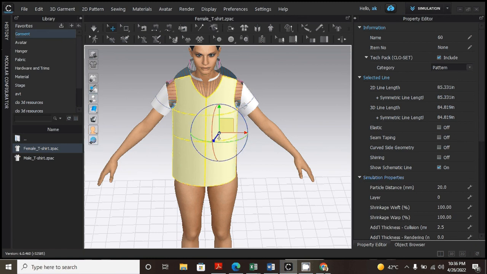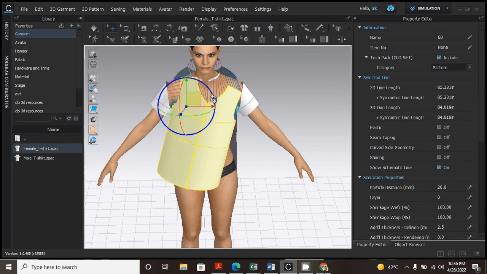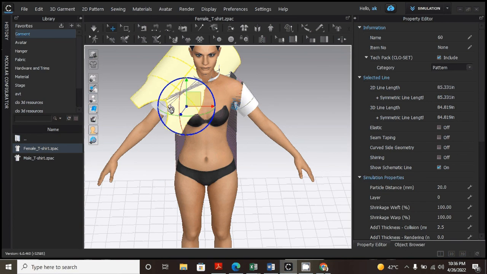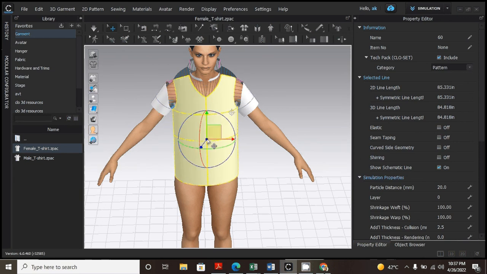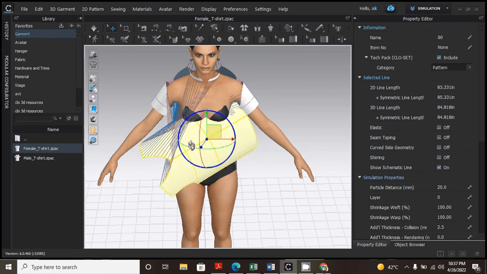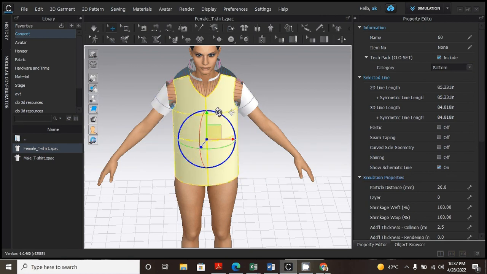For example, I have considered this particular point, and then I move. The pattern can be rotated from the point where you have selected. Now I'm using the arc, so I can rotate this pattern with the help of the arc.